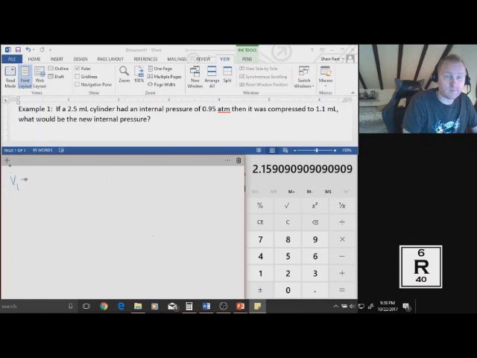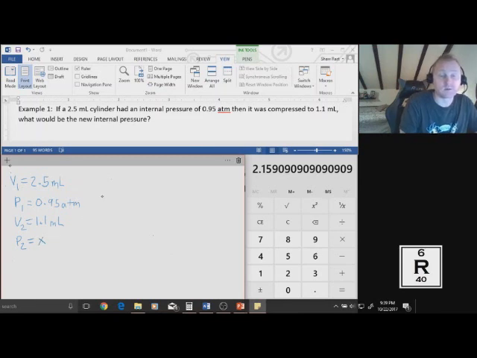The initial volume is 2.5 milliliters, and the first pressure was 0.95 atmospheres. We have a new volume, so that's our second one, which is 1.1 milliliters. And our new pressure is what we're solving for. So our second pressure is what we're solving for, and I'm just going to put that as X.